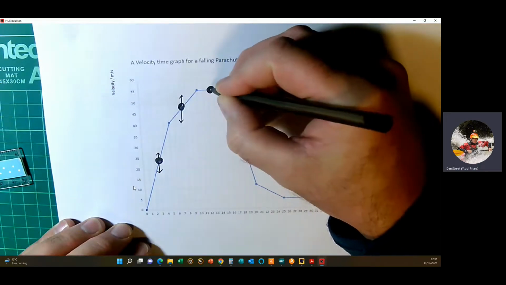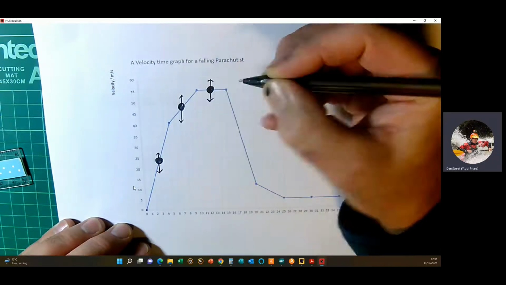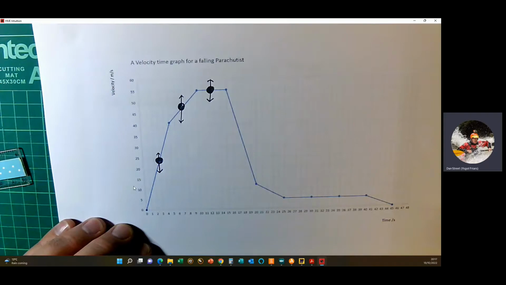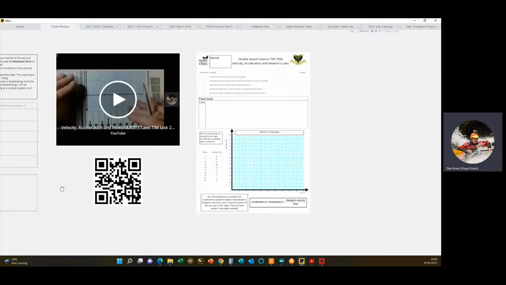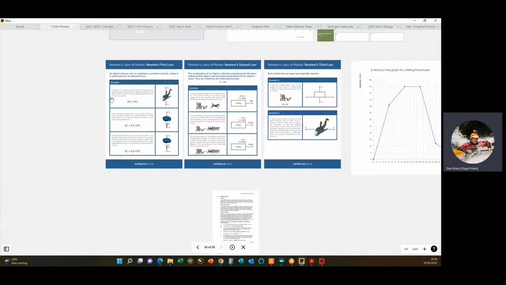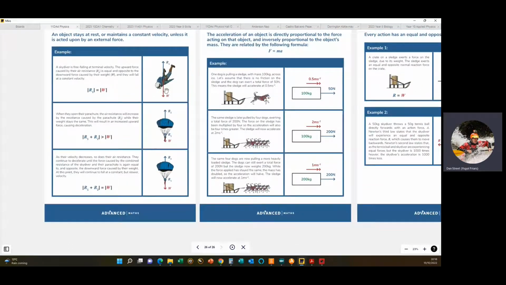Okay, so at this stage, he has reached a stage of balanced forces. Okay, so this is the state that we see in the initial picture on our diagram here. Okay, so it is this state here where he's in free fall, but the air resistance is equivalent to the effect of gravity that creates his weight.